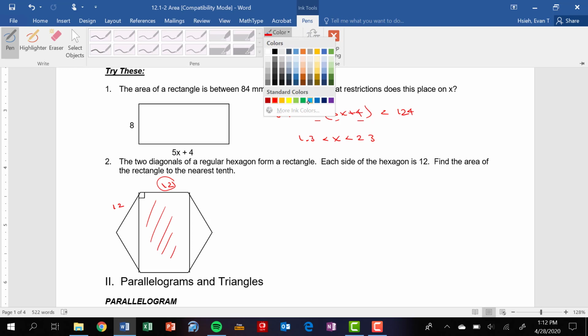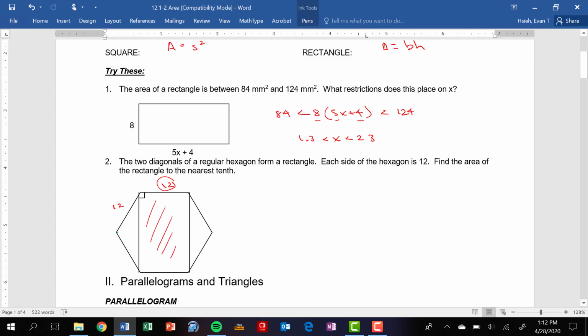And so what I'm going to do here is draw an altitude from here to here. It's a right angle. I know that each of these angles, from one of our earlier chapters, is going to be 120 degrees in a hexagon. So if this is a right angle here, I know this has got to be a 30-degree angle right there. 30, 60, 90 with a hypotenuse of 12.